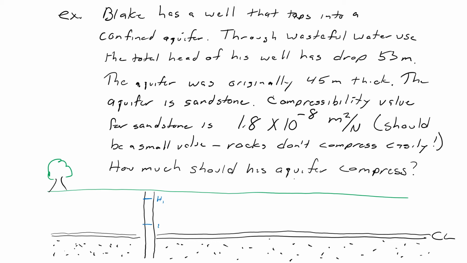And after some time, he has managed to drop his well level by 53 meters. So H1 is the original total head, and H2 is the total head after pumping for a while.